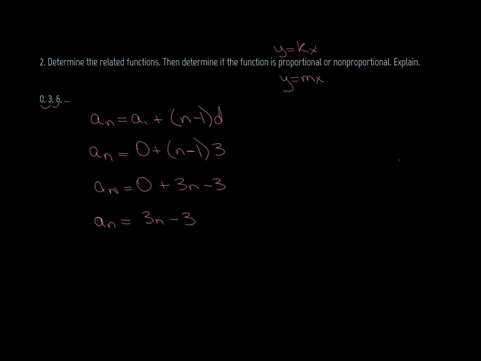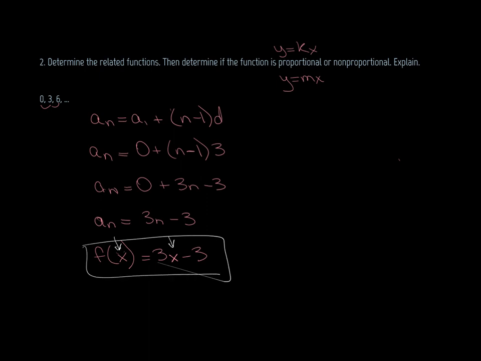Okay, so since we want it in function notation, I'm going to change my a sub n to f of x. And I'm going to change the n to an x because I want this variable to match this variable. Okay, so this is function notation. So that's the function that they wanted me to determine.